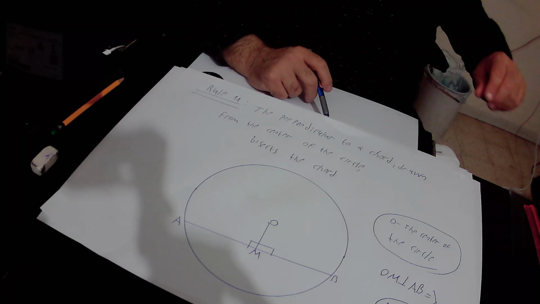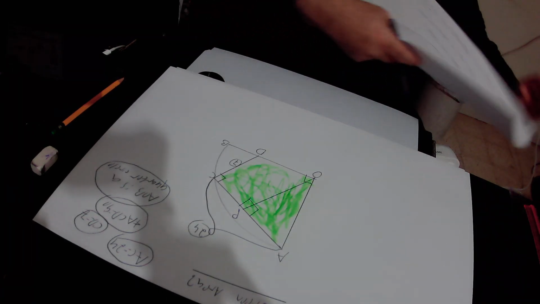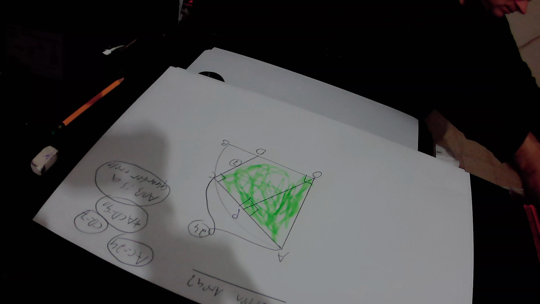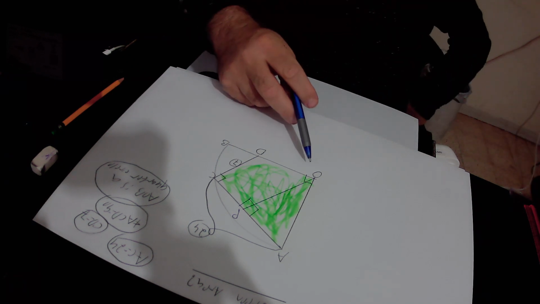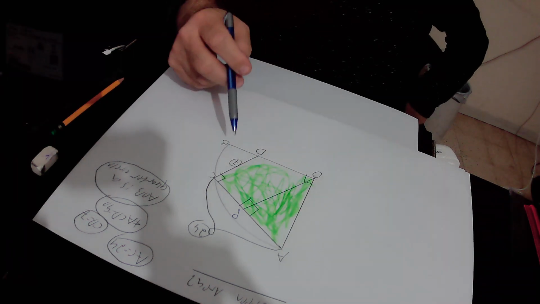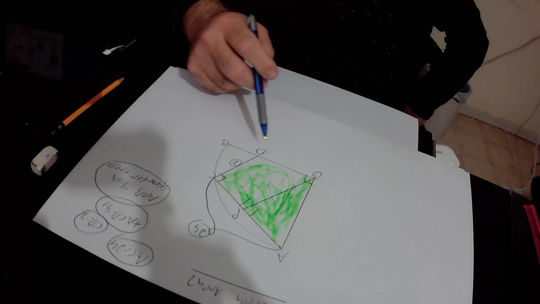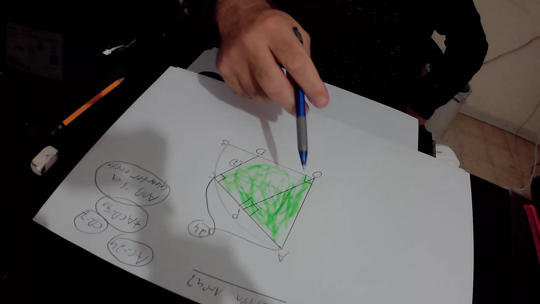We can actually implement this rule number 11 in our drawing. Because in our drawing we have the perpendicular OP to chord AC. According to rule number 11, the perpendicular OP to chord AC also bisects chord AC.